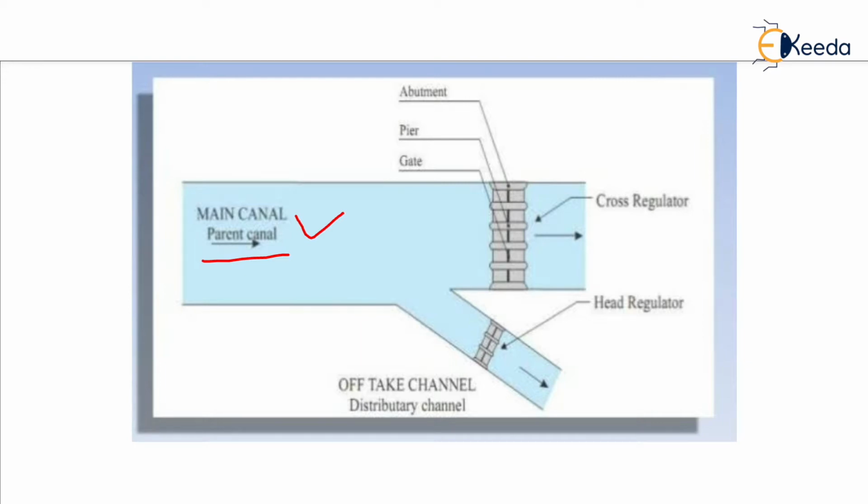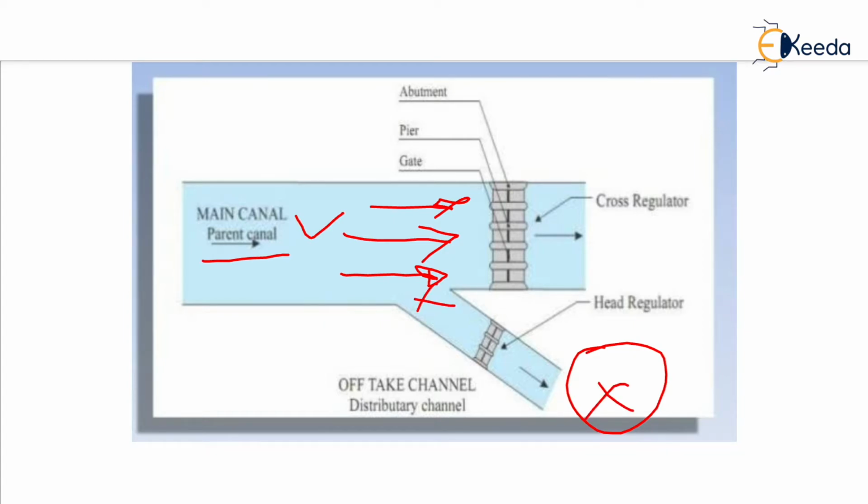So once we extract the amount of water from the natural resources to flow into this main canal, after reaching here, we want to divert this water through various mediums. If the required agricultural land is available here and we want to supply the water up to this, then we need to excavate the channel from this section up to this section.